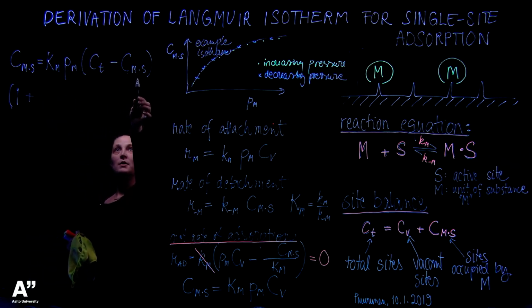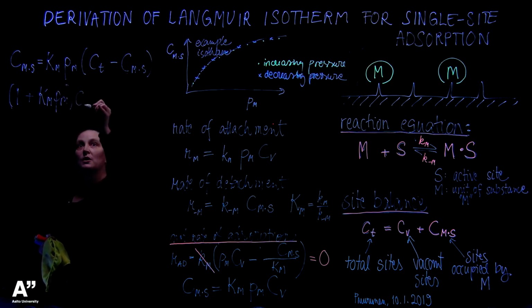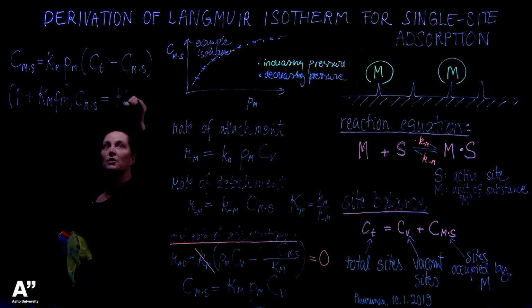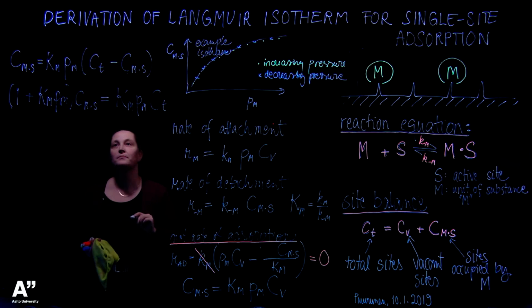It's Cm times Km Pm, 1 plus the equilibrium constant times Pm times Cm.s, concentration of occupied sites, equals, well, the equilibrium constant times partial pressure times the amount of total sites.